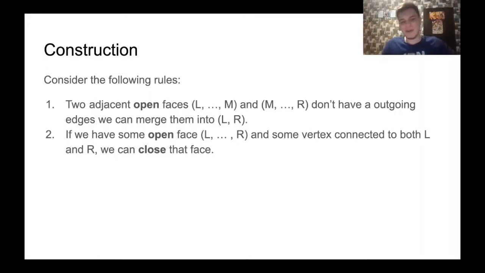LR was an open face. If you have a vertex connected to both of the endpoints, you can close this edge. However, this means that you also need to add two open faces. If the vertex was V, those would be L to V and V to R, depending on how you implement it. So you close this face and you create two new faces. This is the first case.